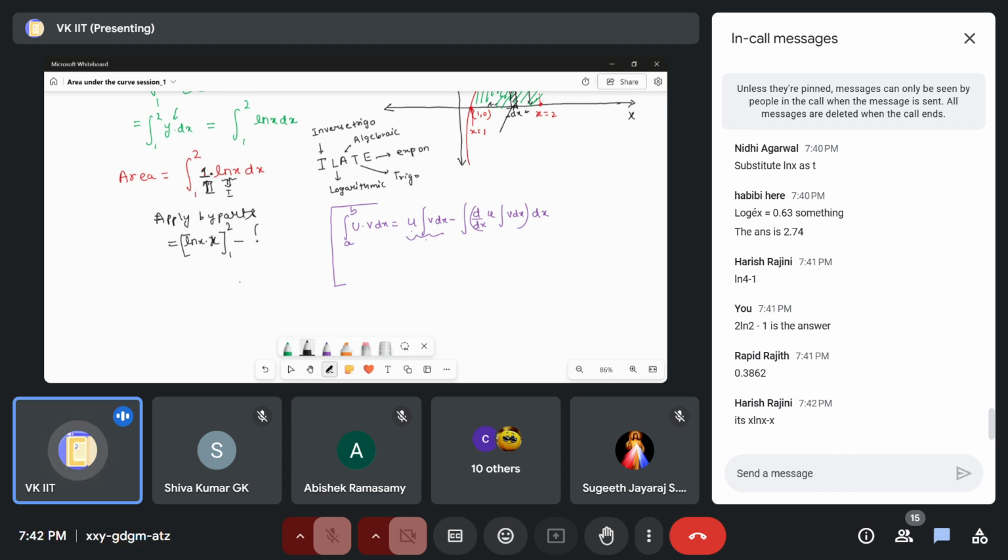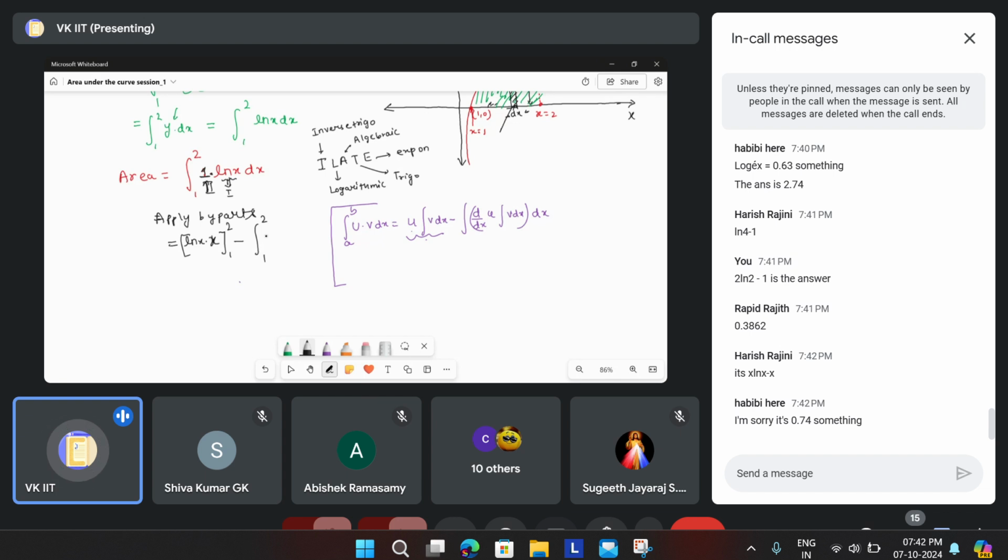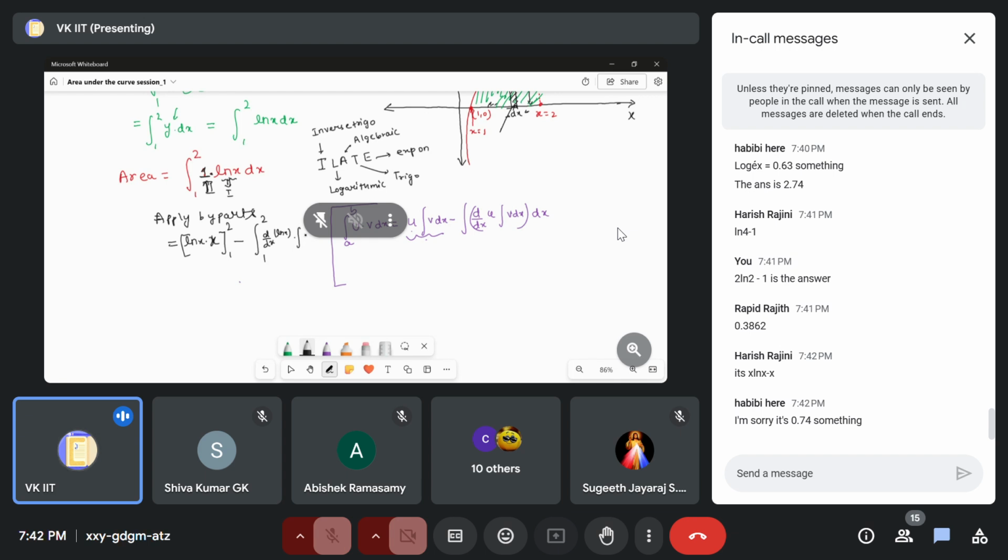Then minus integration from 1 to 2, derivative of the first function, that is d by dx of ln x function, into integration of second function, that is 1 dx and whole dx. So anyone got the answer? Is anyone solving or no?